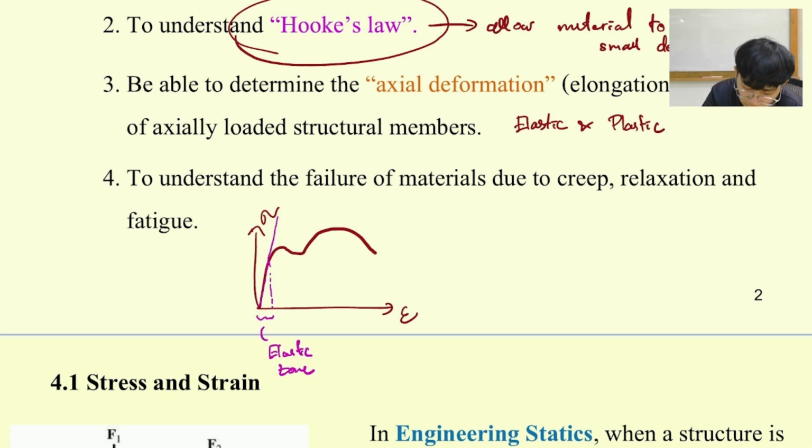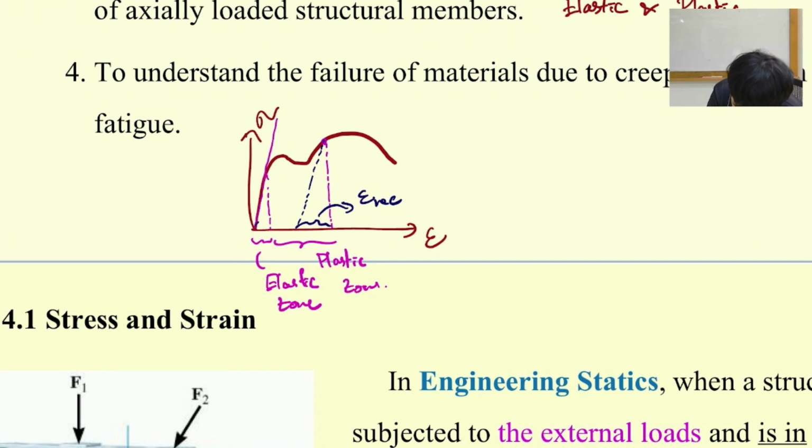But if you pull the stress until somewhere here, it goes to the plastic zone. When it goes to the plastic zone and you release the load, there will be some recovery at the same slope as the linear part over here. It's supposed to be at the same slope, and this zone we call strain recover. The remaining strain over here, we call strain permanent.